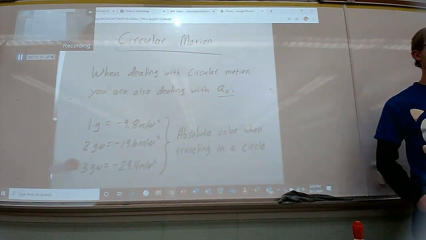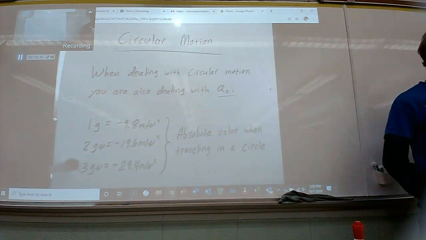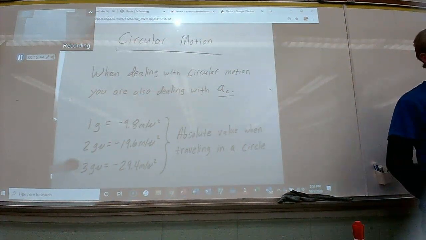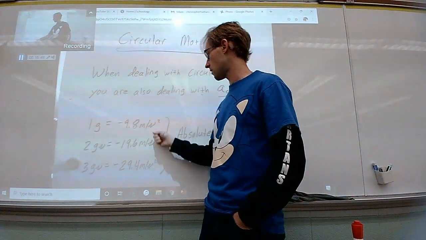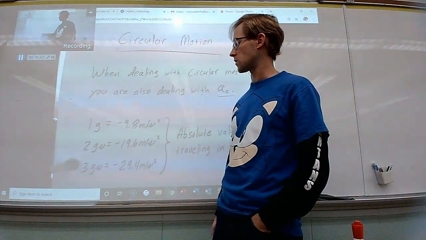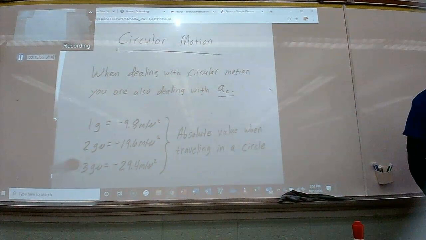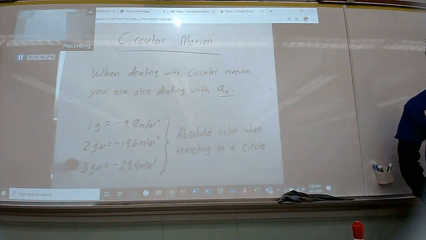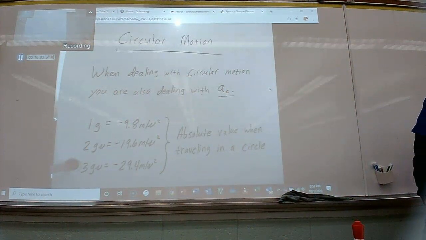All this is about is when you're traveling in a circle and they say you're experiencing a certain number of G's, those G's correspond to a certain acceleration. If it's 2 G's, it's twice 9.8. If it's 3 G's, it's 3 times 9.8. And if you are undergoing those forces while you're traveling in a circle, they will not be negative. Questions on that?